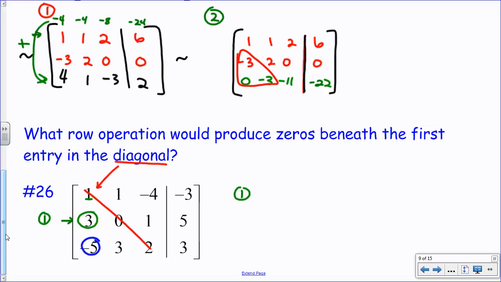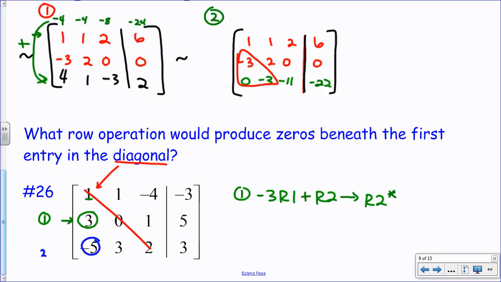So I'm going to do -3 times row 1, and I'm going to add that to row 2. And the row that I want to change, where I want the 0 to be, would be row 2. So I always put a little star next to what's actually changing, so then I don't get confused when I write the new matrix. Okay, so that's how I get a 0 there.